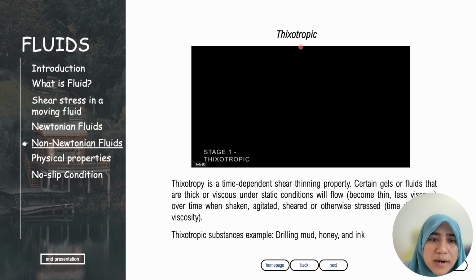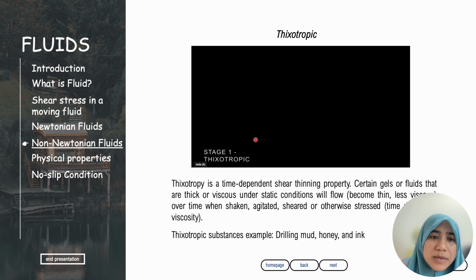Next is thixotropic. Thixotropic is a time-dependent shear thinning property. Certain gels or fluids that are thick or viscous under static conditions will flow, that is, become thin and less viscous, over time when shaken, agitated, stirred, or otherwise stressed.